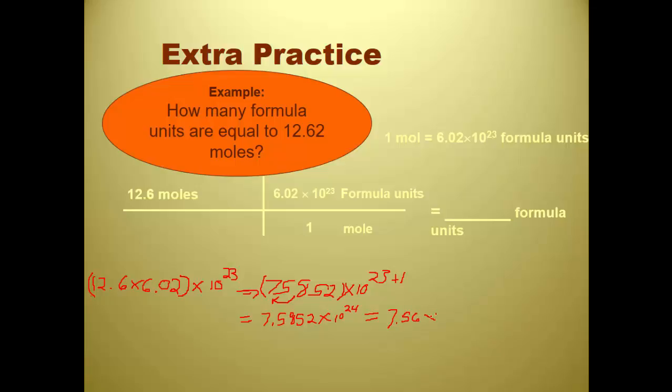We have 3 sig figs up here, so we want to end with 3 sig figs. Our answer is 7.59 times 10 to the 24th.